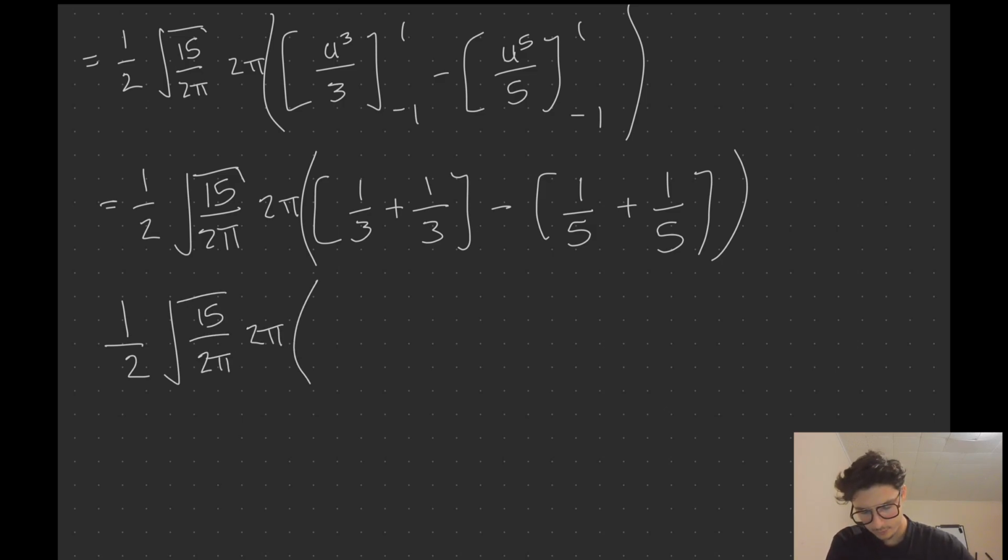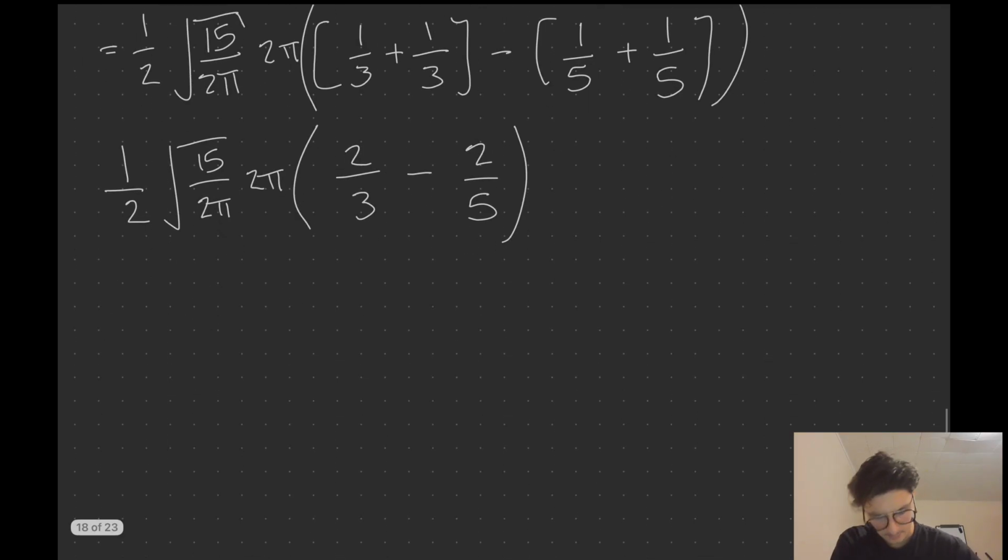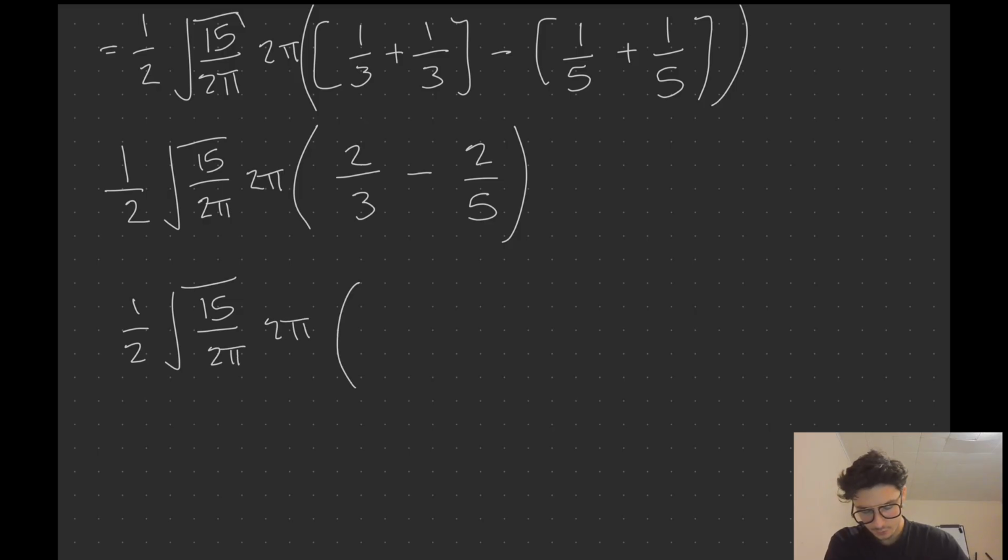Alright, 1 over 3 plus 1 over 3 is equal to 2 over 3 minus 2 over 5. Come on guys, give me something. Give me something, please. So here we have 15, 10, and then here we have 3 times 5, 15, 3 times 2, 6.